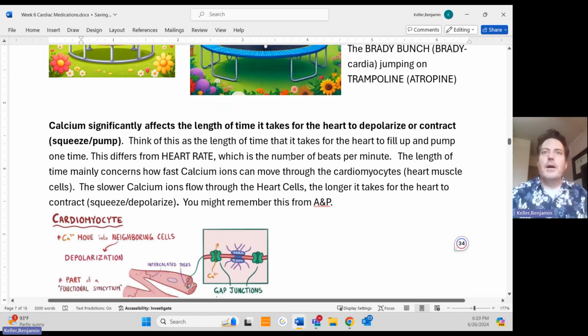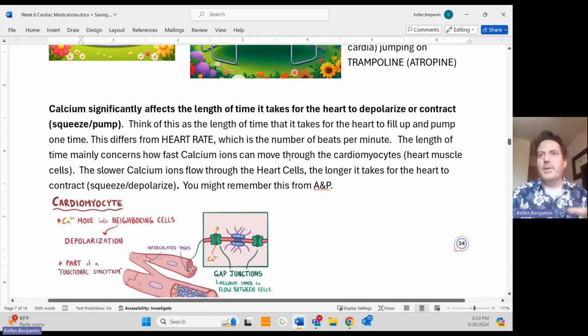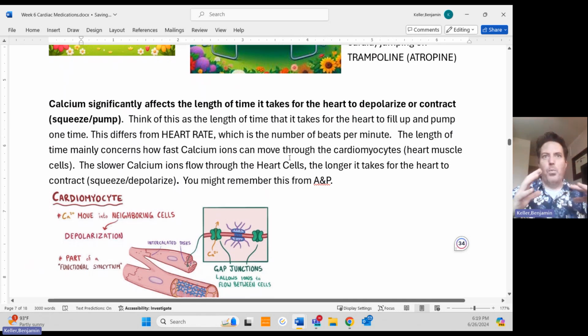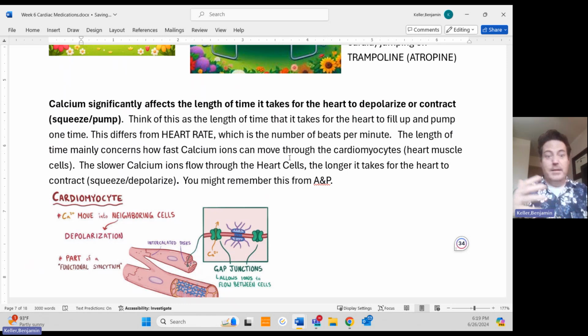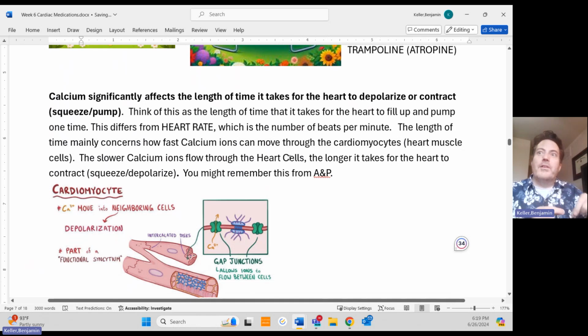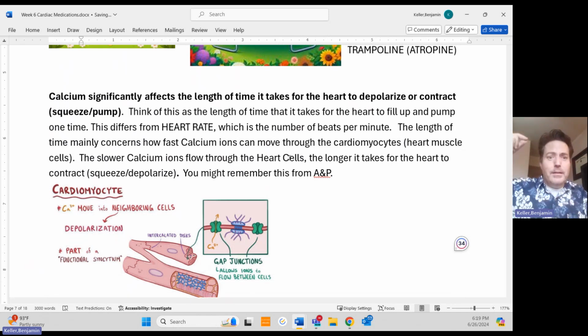So think of this as the length of time it takes for the heart to fill up and pump one time. So that's different than the heart rate, which might be 60 to 100 beats per minute if it's normal, right? That's the number of beats per minute. What we're looking at here is how long it takes for the calcium ions to basically move from the SA node, the sinoatrial node, through the AV node, down through the bundle branches, down through the Purkinje fibers.